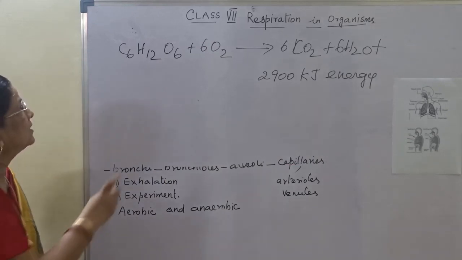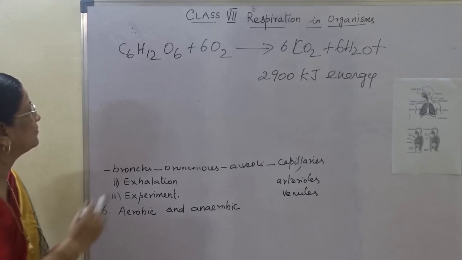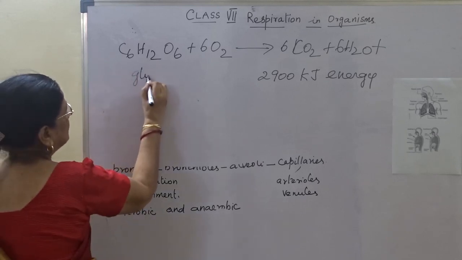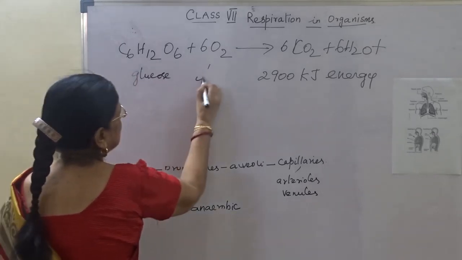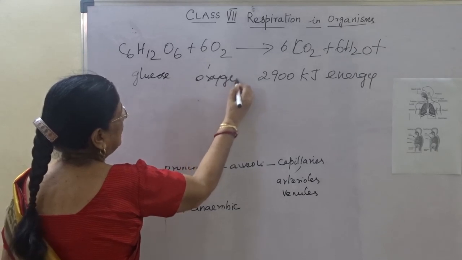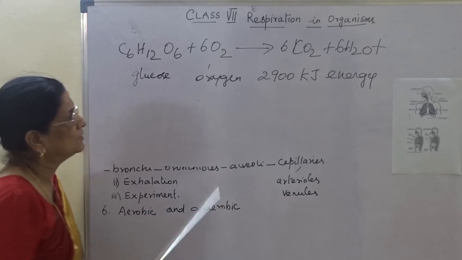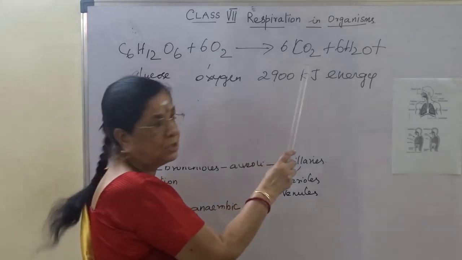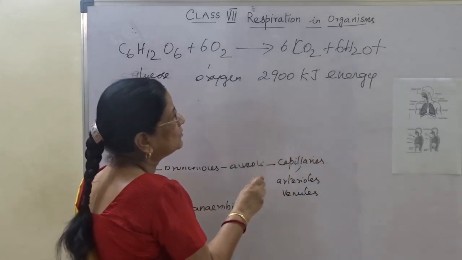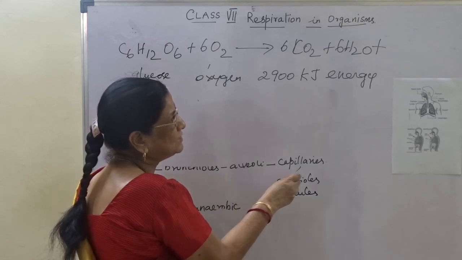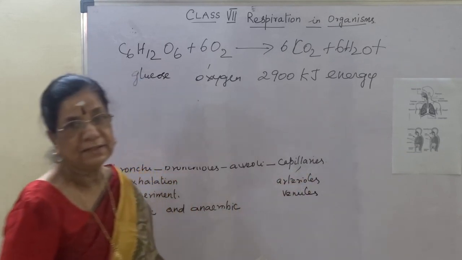As this is glucose, this is oxygen. So in the presence of oxygen, carbon dioxide is evolved, water is formed, and 2900 kilojoules of energy is released.